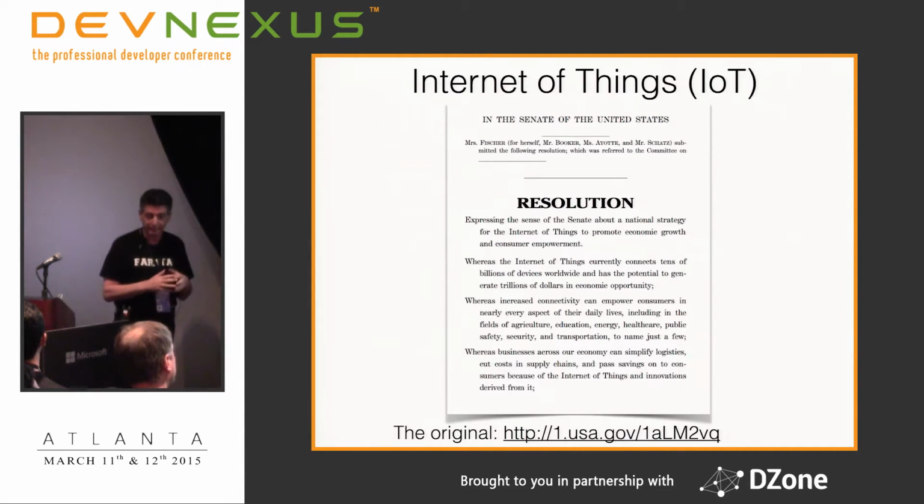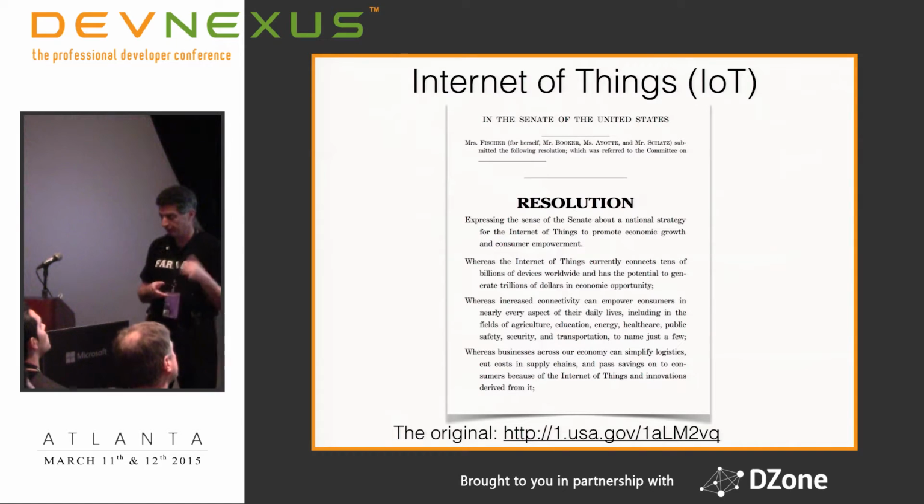The thing is that IoT became really big. A month or two ago, I don't know if you caught it, it was already in the Senate. Usually people start telling you all these Forrester or Gartner numbers, millions and billions of devices and how many trillions of dollars you can make. But we know how this works.